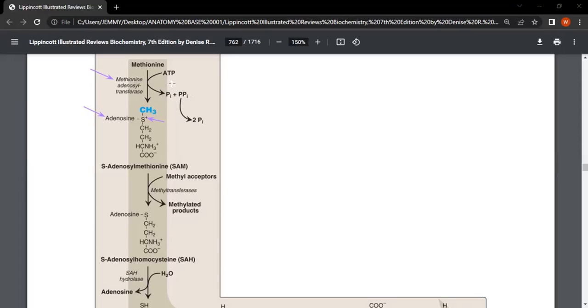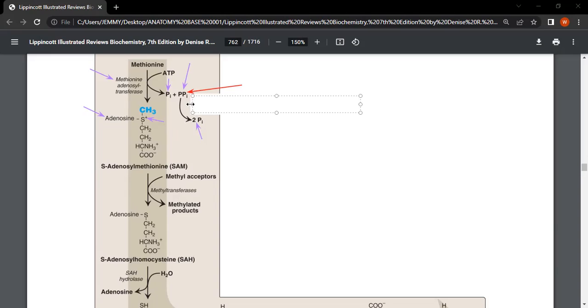You see, we will remove the 3 phosphates, one in the form of an organic phosphate and a pyrophosphate. This pyrophosphate is immediately cleaved into 2 inorganic phosphates. We will add water here, and you will get your 2 inorganic phosphates. This reaction is catalyzed by the enzyme pyrophosphorylase.